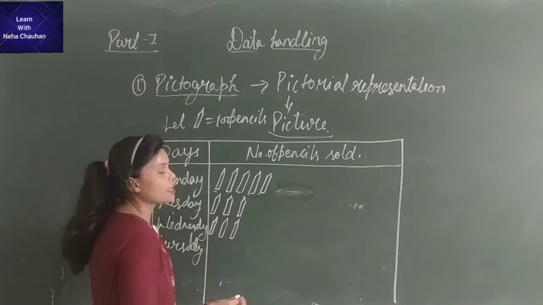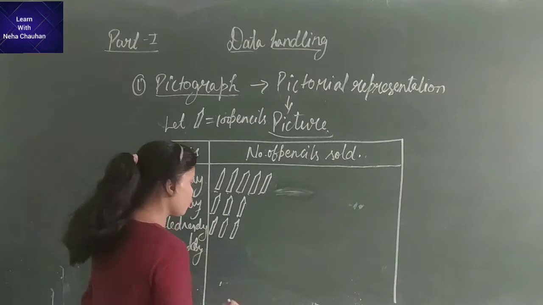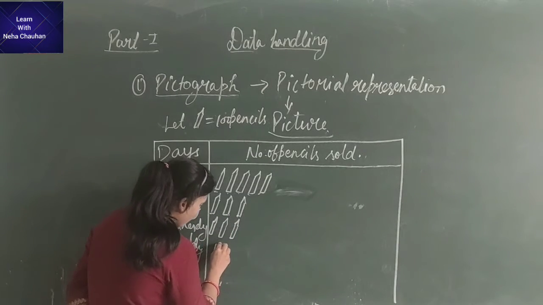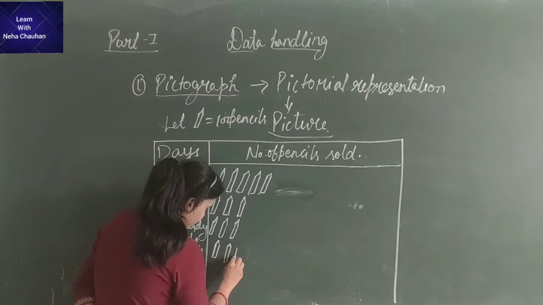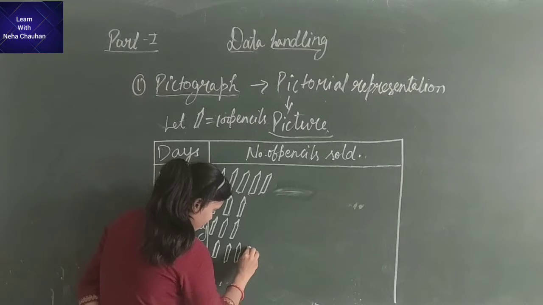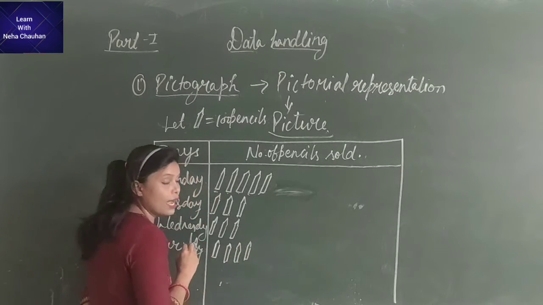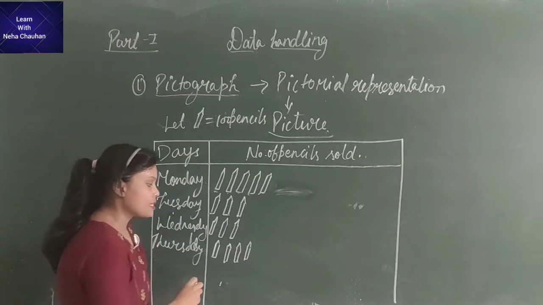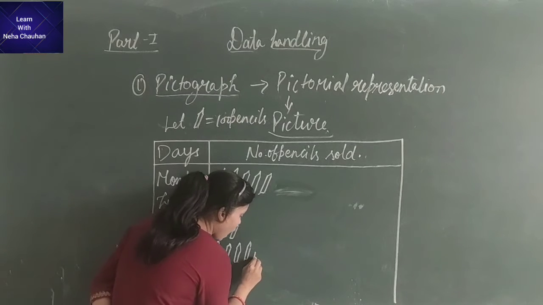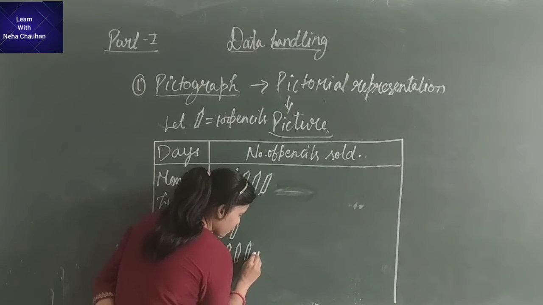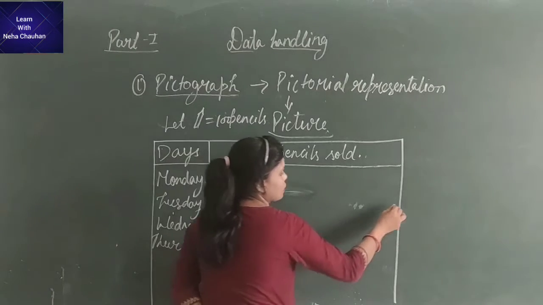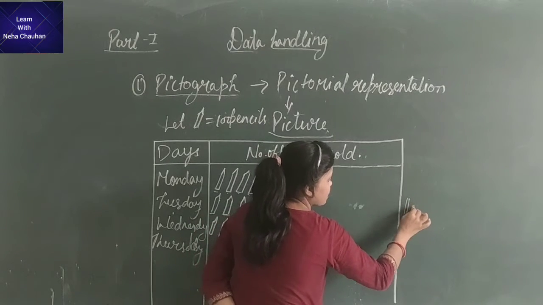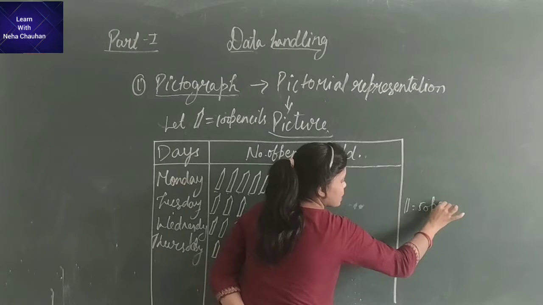So how will we represent 450? 400 will be represented by 4 pencils, and 50 pencils will be represented by half of the pencil. This half pencil represents 50 pencils.